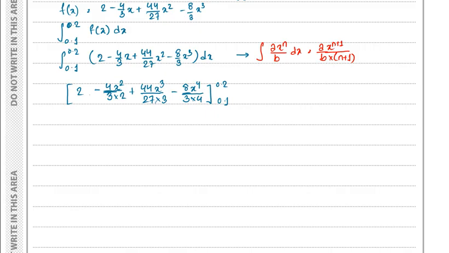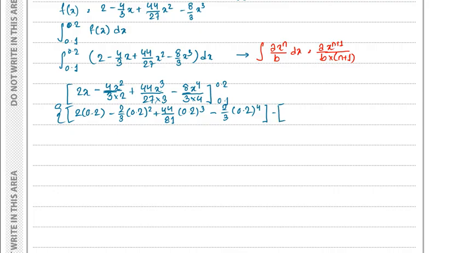Right now we just have to substitute x with 0.2 and 0.1. So this would be 2 times 0.2 minus 2 by 3 times 0.2 squared plus 44 by 81 times 0.2 cube minus 2 by 3 times 0.2 to the power 4, minus again the same process.